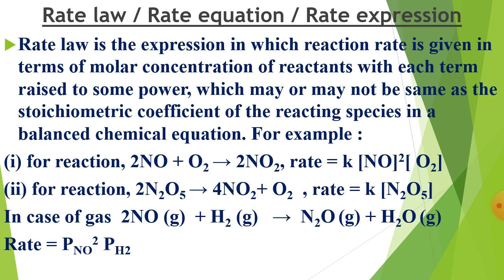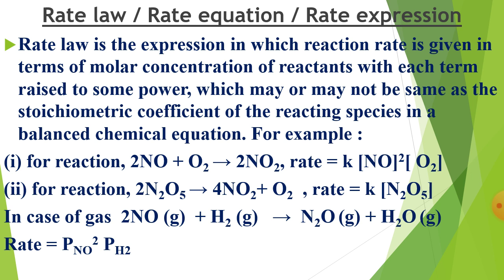Second example, for the reaction 2N2O5 gives 4NO2 + O2, the rate of reaction in terms of the reactant is rate = k[N2O5]^1. Here the power does not match the stoichiometric coefficient of N2O5.